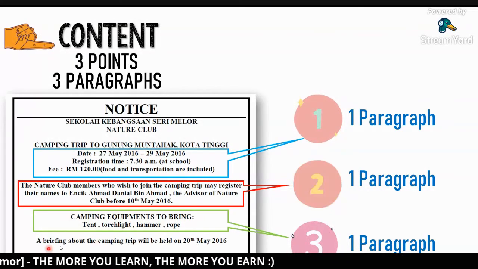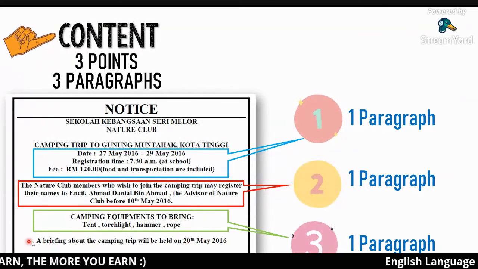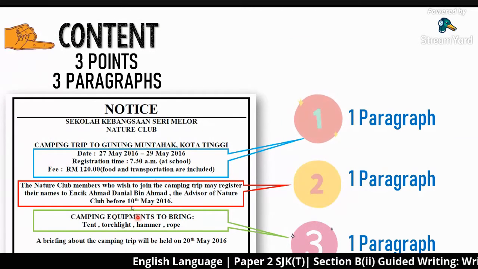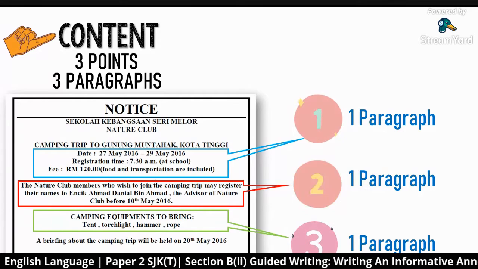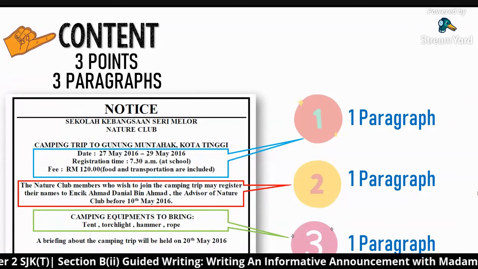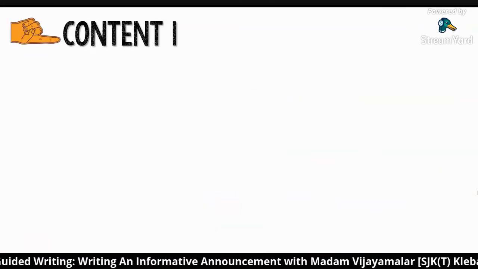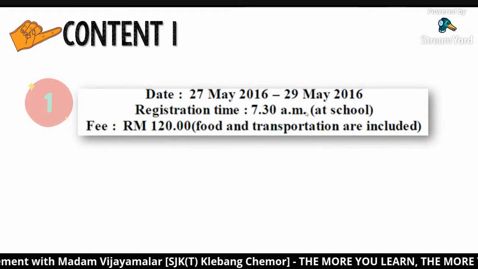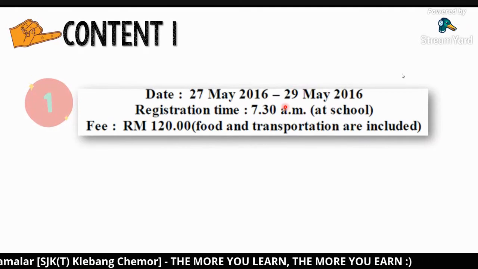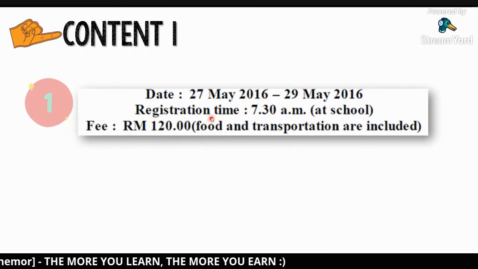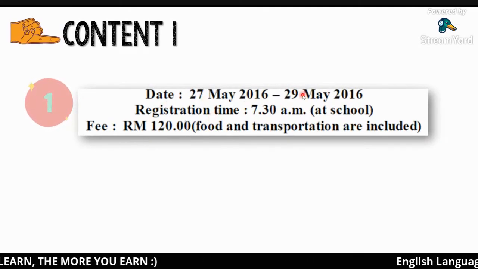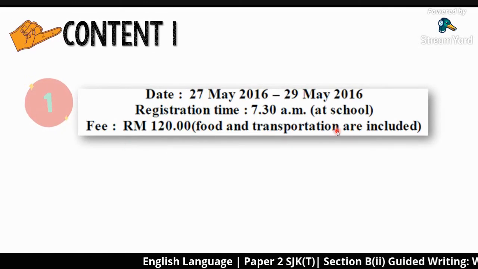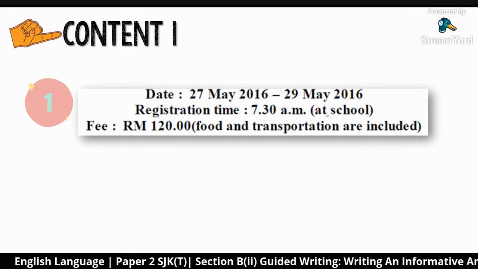Now, this one I have purposely left out for something else. Okay, but never mind. We will look into the content first before we go there. Okay, let's go to content 1. Okay, so this is the information given. We have chosen this to be in content 1. So we have the date, the time, and the fee. Okay, all right. So let's just go through it.